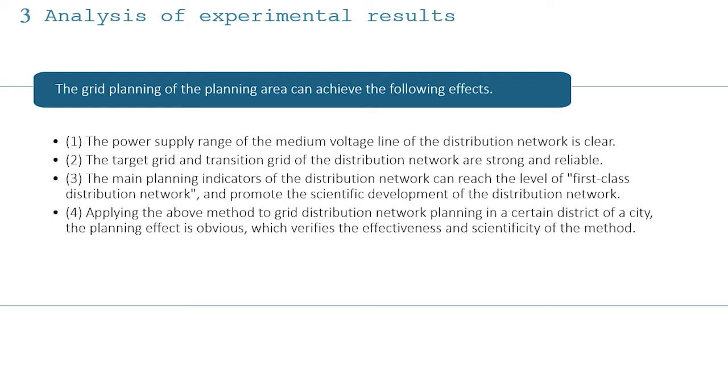Third, the main planning indicators of the distribution network can reach the level of first-class distribution network and promote the scientific development of the distribution network. Fourth, the planning effect of the above method is obvious, which verifies the effectiveness and scientificity of the method.